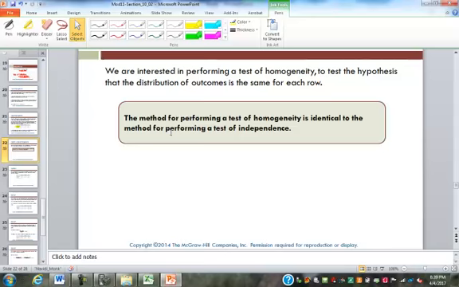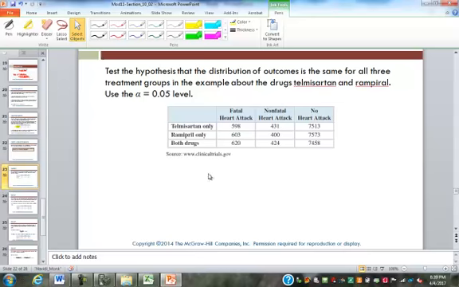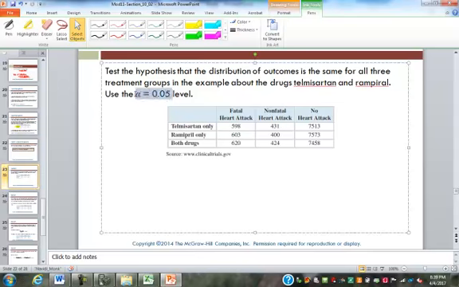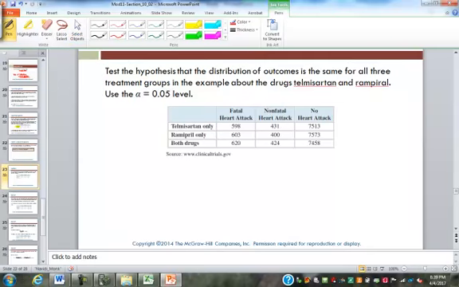From here on out, the test is exactly the same as the test for independence. So we have to find row and column totals. We have to find our significance level. This is 3 rows, 3 columns. Let me write that out. 3 rows, 3 columns, so it's 3 minus 1 by 3 minus 1, or 2 by 2, so 4 degrees of freedom.